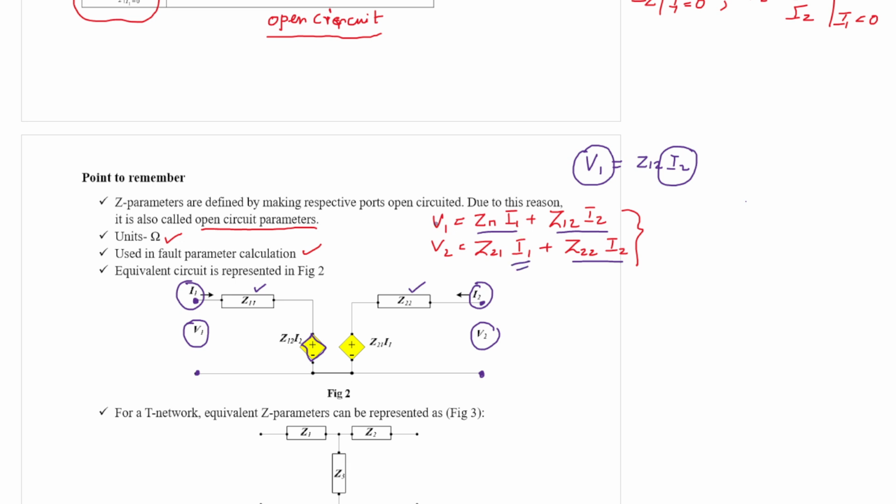That means the output port parameter is dependent on the input port parameter. To represent that, we represent this voltage source by a dependent source, dependent on the current on the primary or input side. So this represents the equivalent circuit of Z parameters.